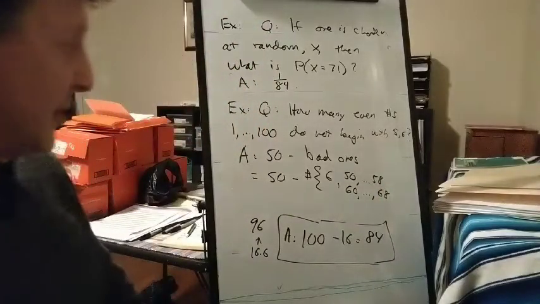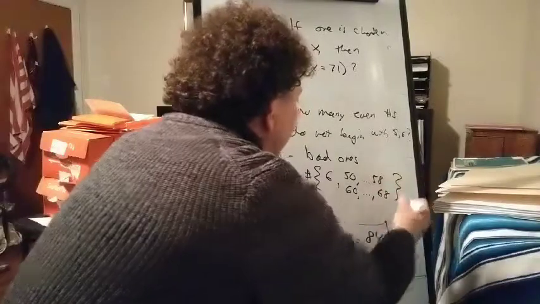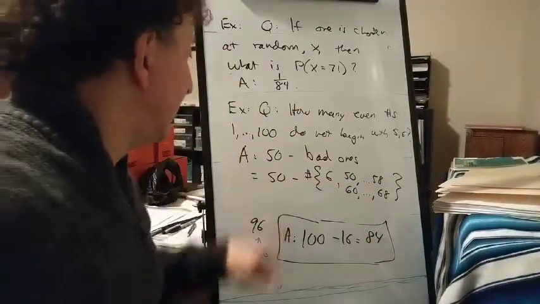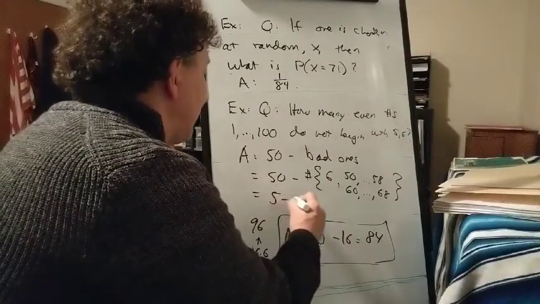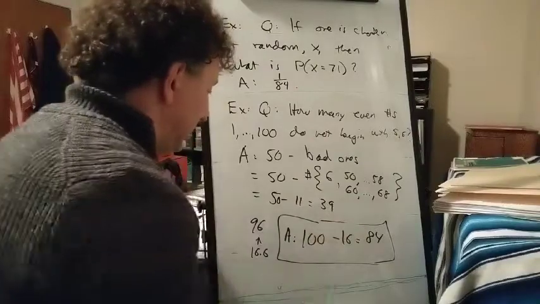So those are the two-digit even numbers that start with 5 or start with 6. So we've got 5, 5, and 1. So it's 50 minus 11, which is 39.